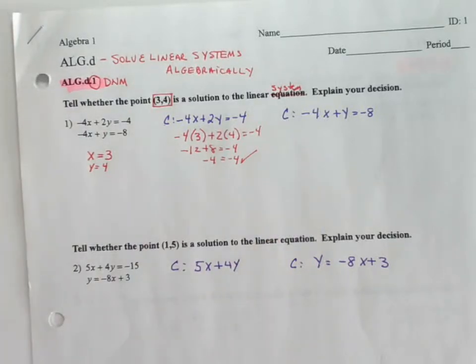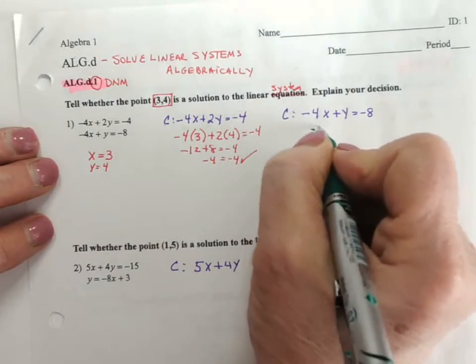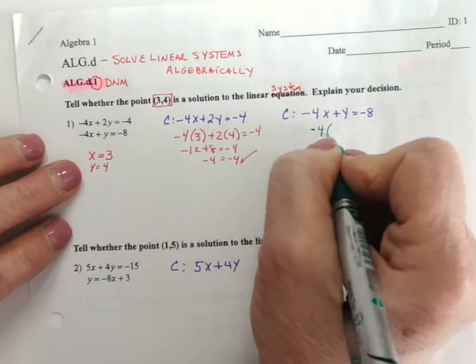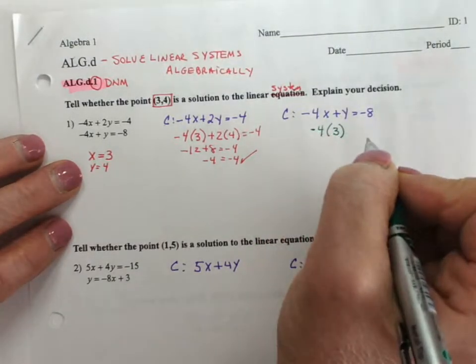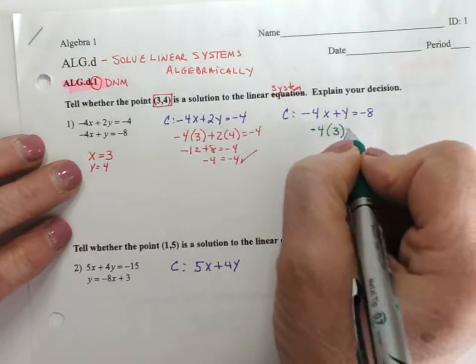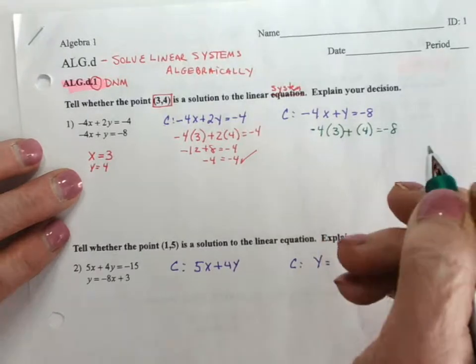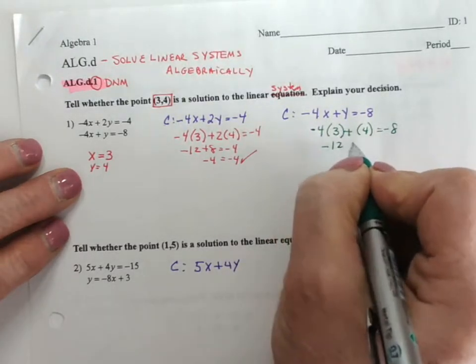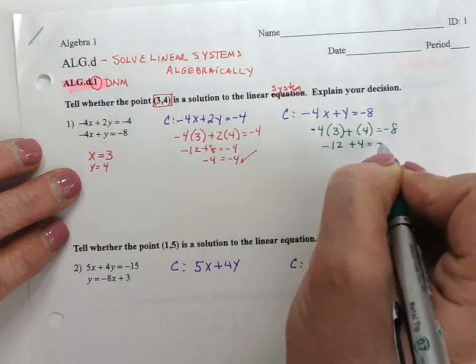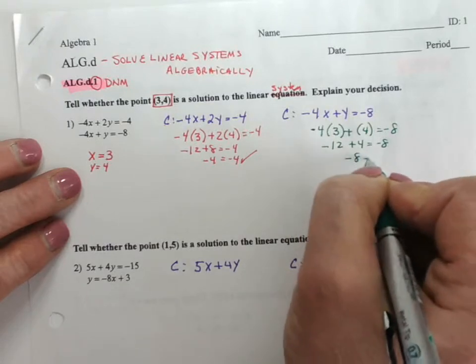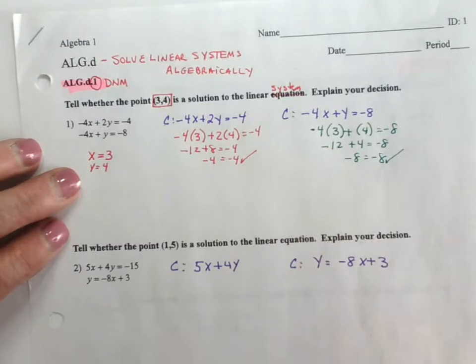Now we're going to check the other equation. We have -4 times x, which is 3, plus y, which is 4, equals -8. -12 plus 4 equals -8. -8 equals -8.